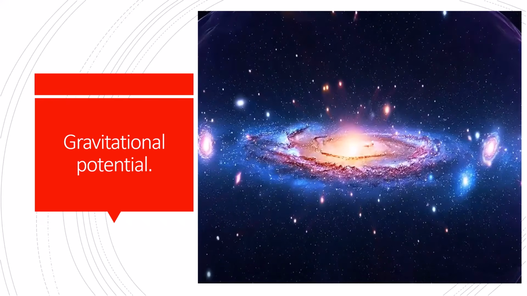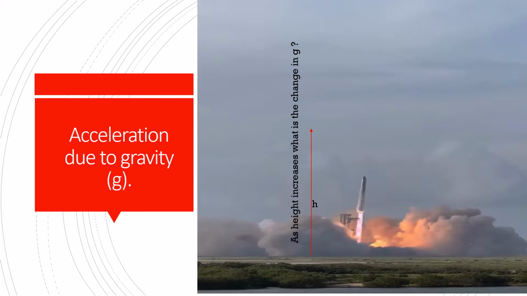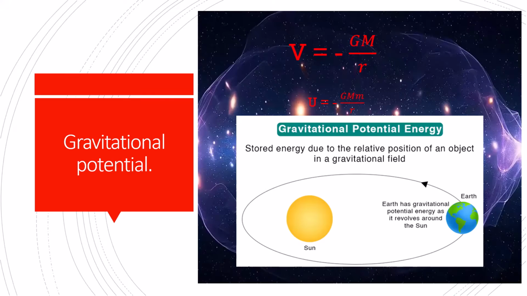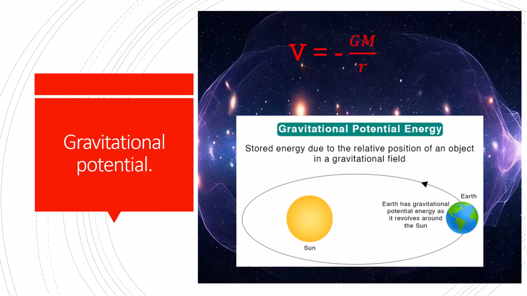A larger mass has larger potential and a smaller mass has smaller potential. Now, the expression for gravitational potential due to mass capital M at a distance r is V equals minus G capital M by R. And the gravitational potential energy at a position is U equals minus G capital M small m by small r.